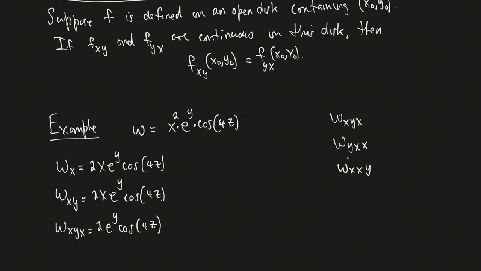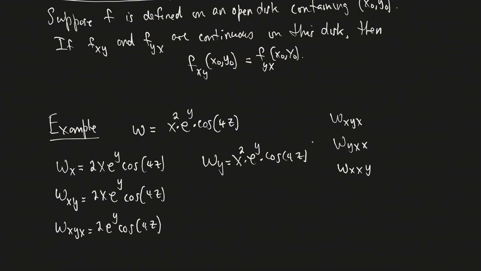So let's do the middle one. So w sub y, so bring down the x squared times, because it's again a multiple, the derivative of e to the y is e to the y. And again, bring down the cosine of 4z because that's another constant multiple. So we got that. Now let's do two derivatives with respect to x.